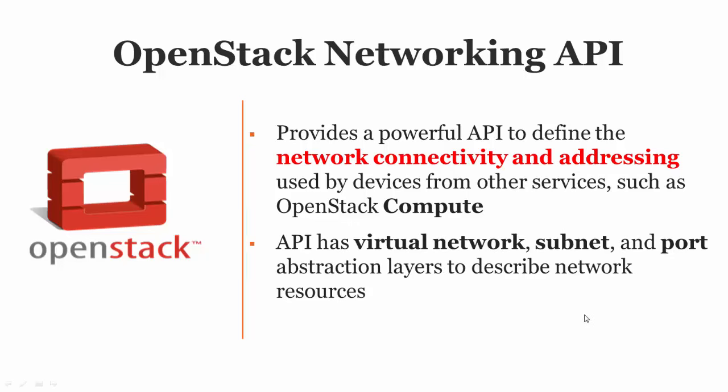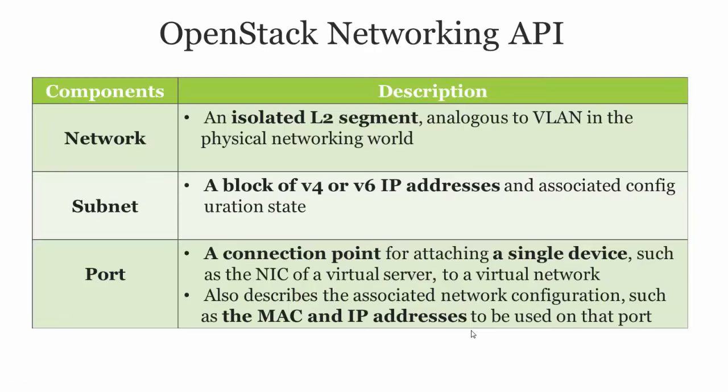The networking API uses three kinds of components for this purpose: virtual network, subnet, and port. On the next page I will explain these. First, network. This means an isolated L2 segment, analogous to a VLAN in the physical networking world.